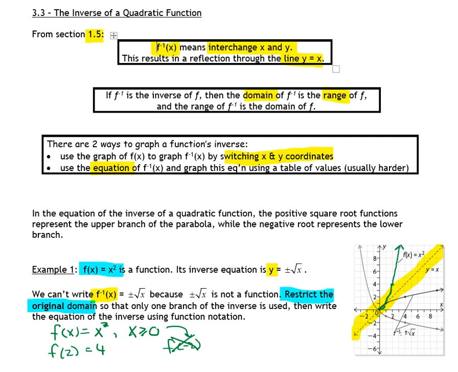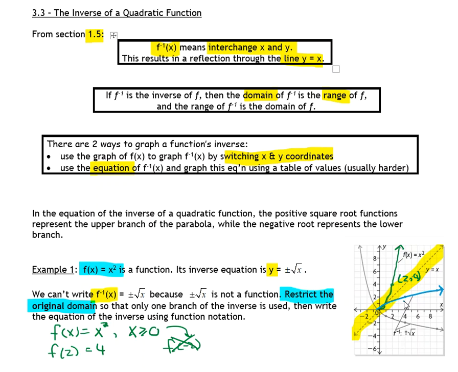And my inverse will only have one side as well, this side right here. And if you're unsure which side to write once you restrict your domain, you take a point on your original, on the green side there, I put that point 2, 4. So that means on the inverse, I should have the point 4, 2, which I do.